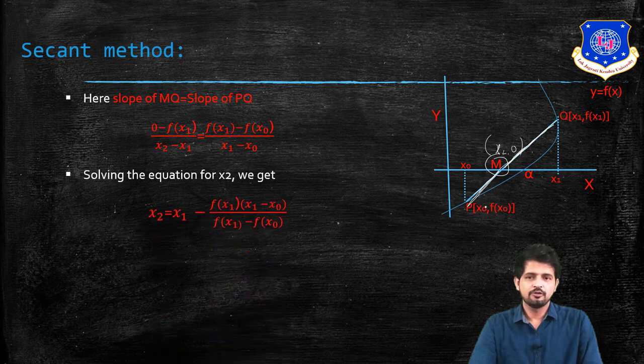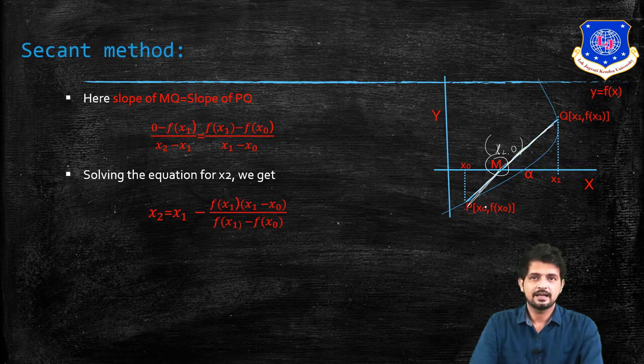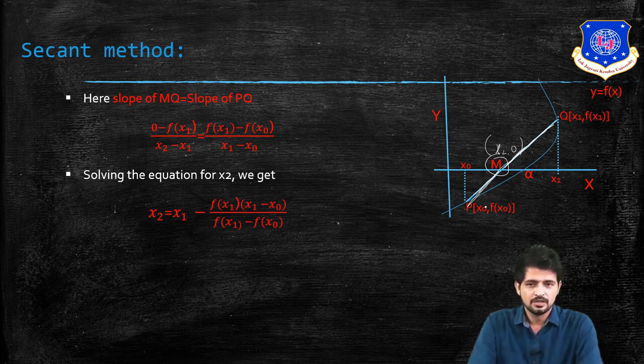If you simplify this for finding the value of x2, we get x2 is equal to x1 minus f of x1 into x1 minus x0 divided by f of x1 minus f of x0. So this is the equation to find the value of x2. What is x2?